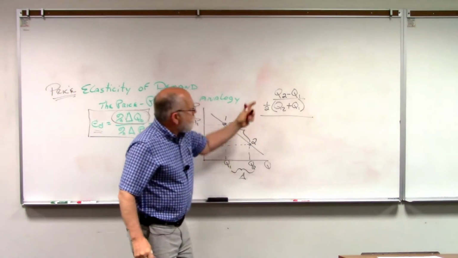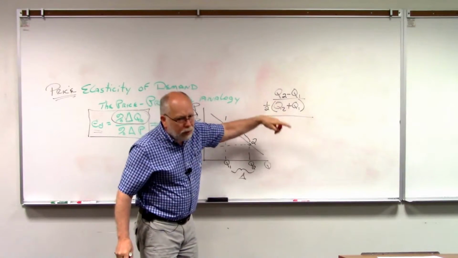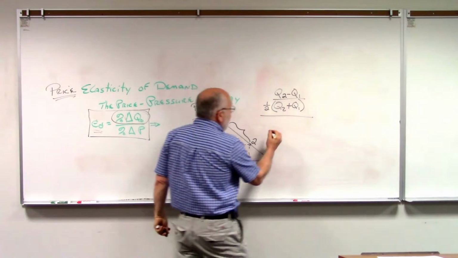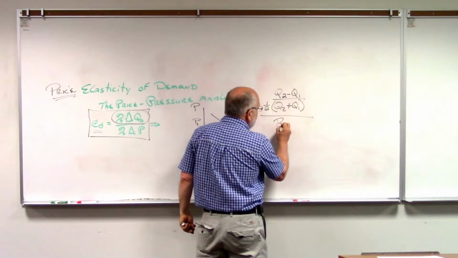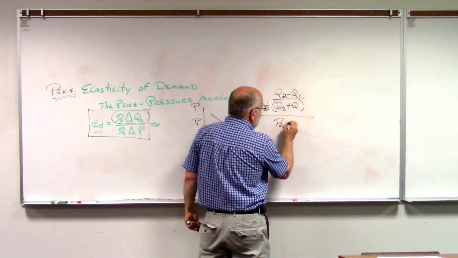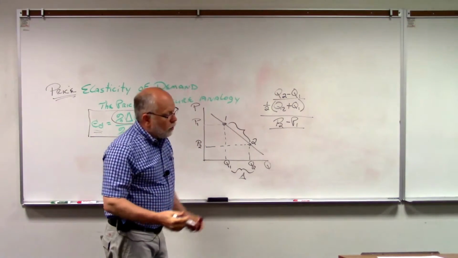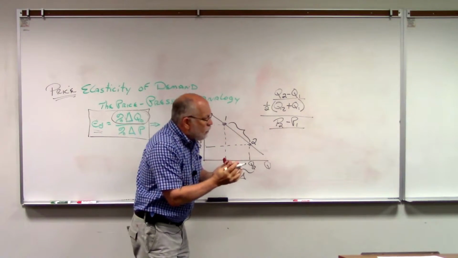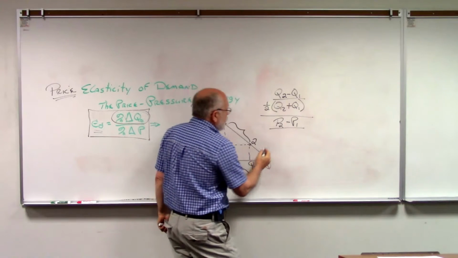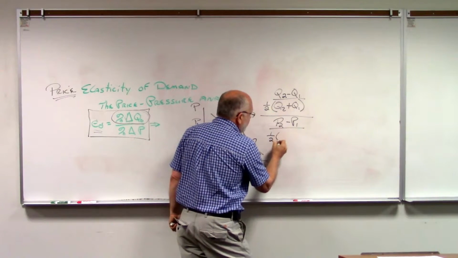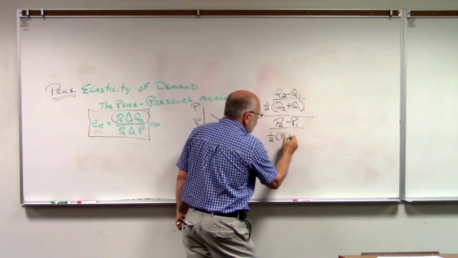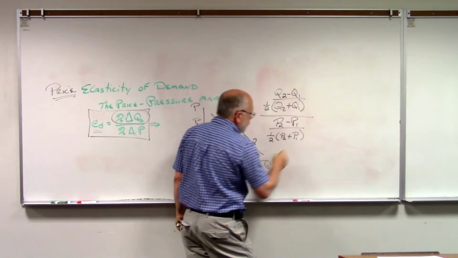Very simple. You take out the Q's and you put in the P's. So now we would have P2 minus P1, and we're using our midpoint formula, so we're going to be using the average of the two as our reference point. So it's going to be 1/2 of P2 plus P1.